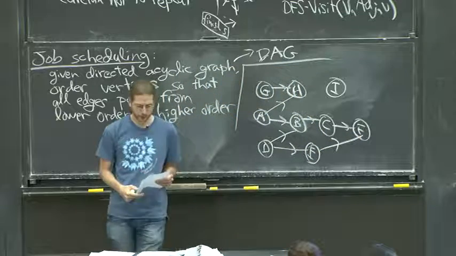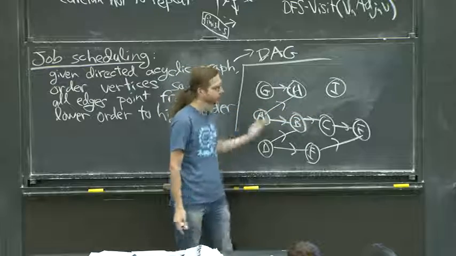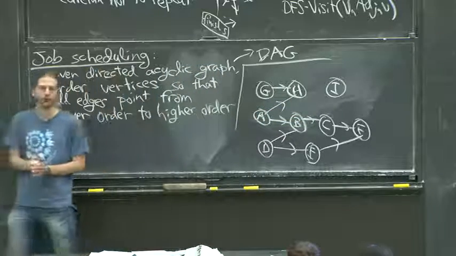OK, I've drawn the graph so all the edges go left to right, so you can see that there's no cycles here. But generally, you'd run DFS, and you detect there's no cycles.